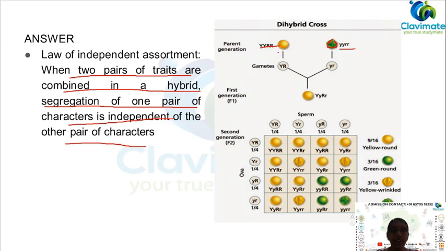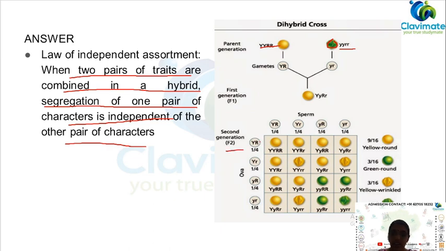So when the gametes come, we have capital Y, capital R, and here small y, small r. They state that the segregation of one pair of characters is independent of the other pair of characters. This can be seen in the F2 generation.